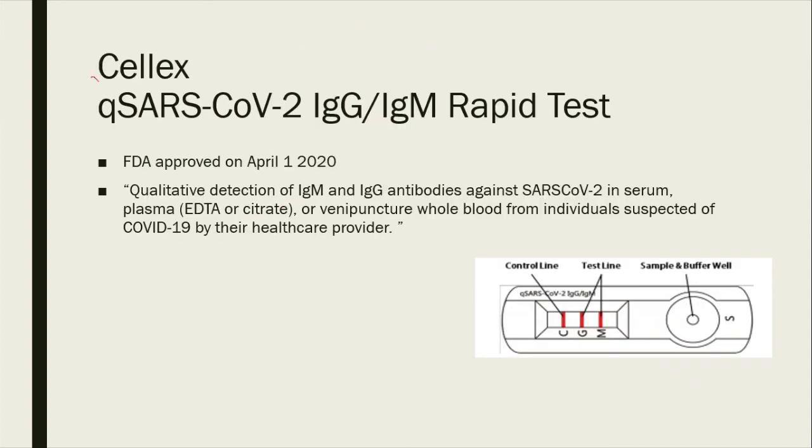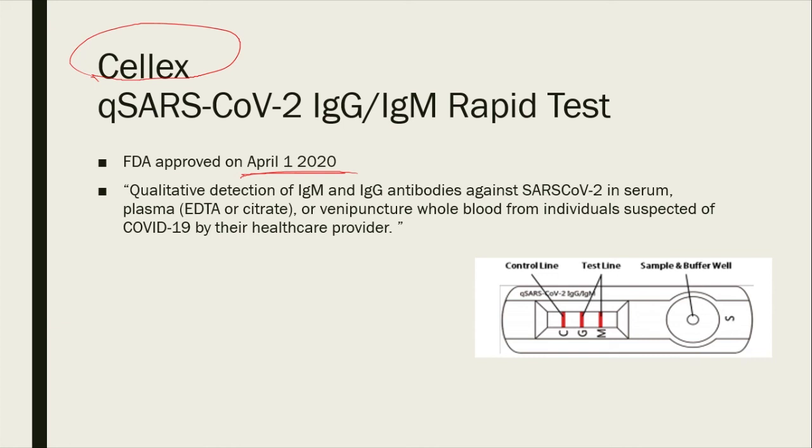So that brings to the hot topic of this week. If you are watching this video on a Tuesday or Wednesday of this week, then this is fresh news. There's a new product approved by the FDA for diagnosing COVID-19 last Wednesday, April 1st.